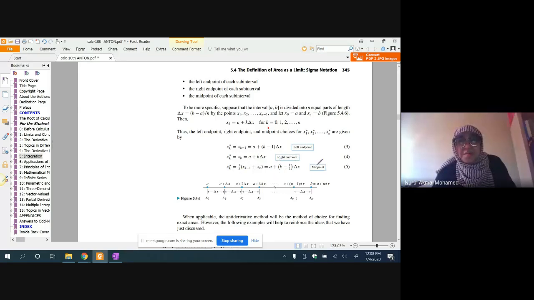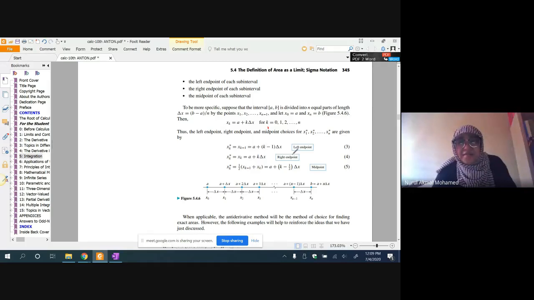For the middle point, it is 1/2 of x k minus 1 plus x k. x k minus 1 is the left endpoint and x k is the right endpoint. So you add the right and the left points, and multiply by 1/2. It means that you will get the middle point between the left and the right point.